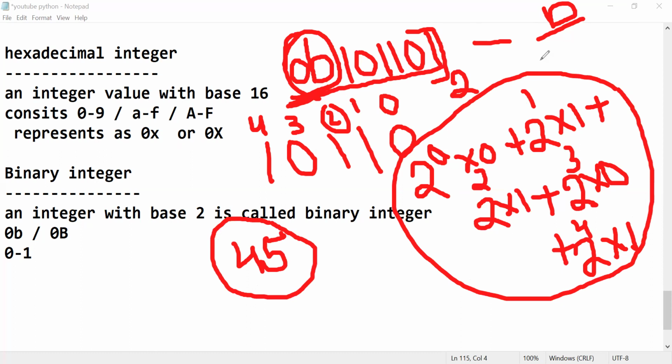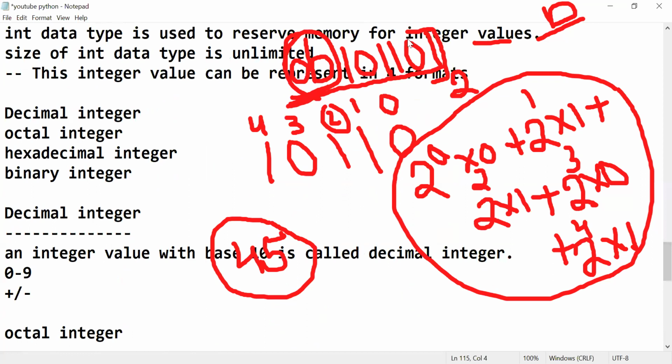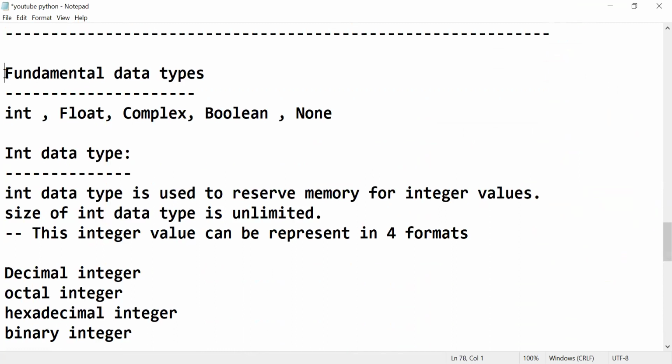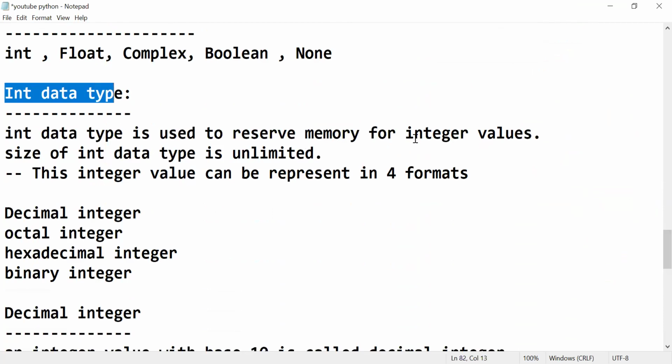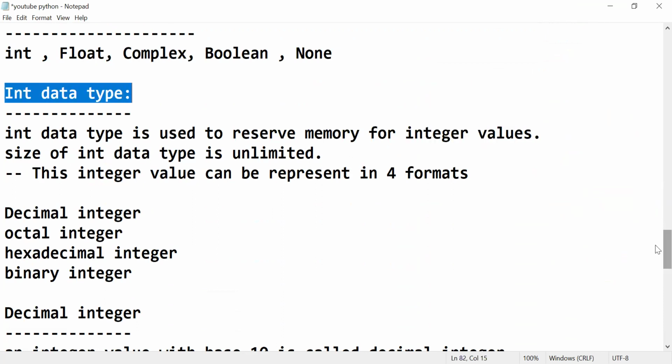See, guys, I hope you understand what is decimal integer. Again, I will recap once. Now we are discussing fundamental data types, guys. In integer, we are discussing about int data type. The int data type is used to reserve memory for integer values, and the size of int data type is unlimited, guys.